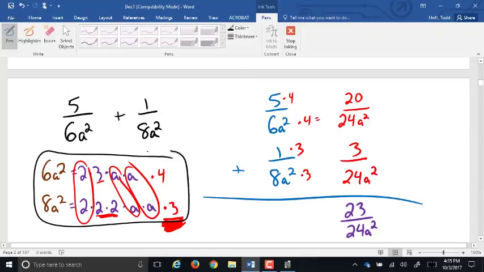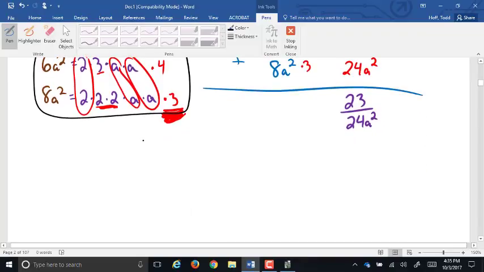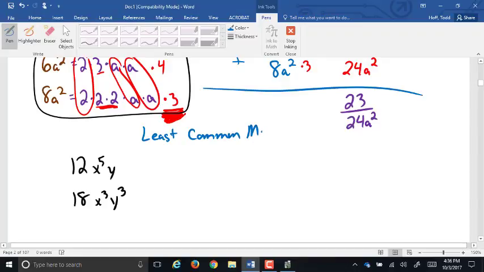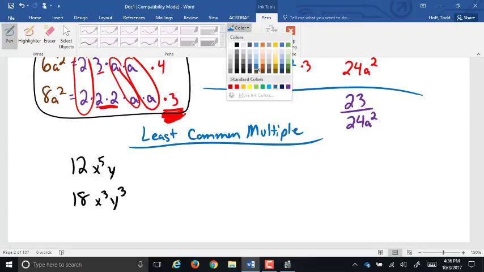Now here I factored this out, but remember a couple of classes ago, we worked with these and we found the shortcut. If I had something like 12x to the 5th y and 18x to the 3rd y to the 3rd, the least common multiple, LCM, which is just what the least common denominator is, was found.